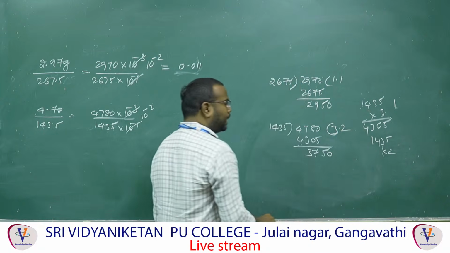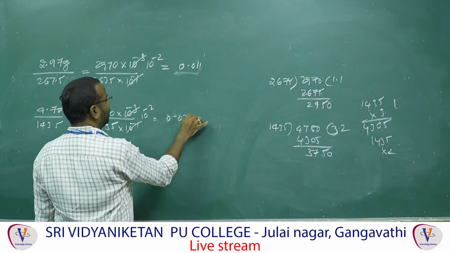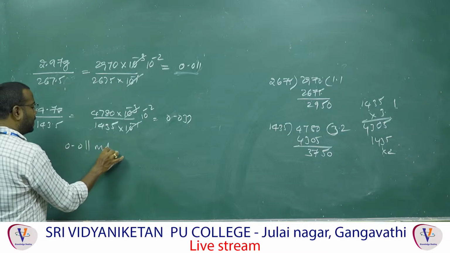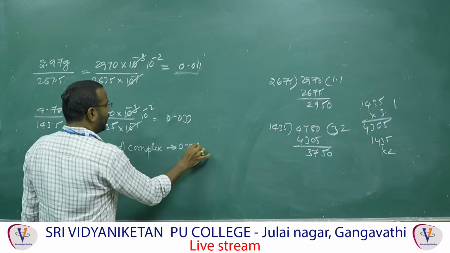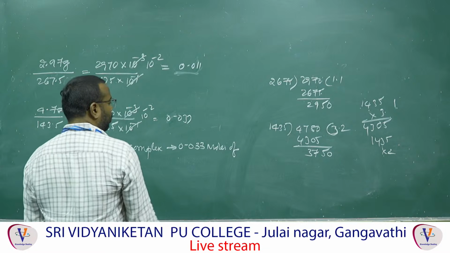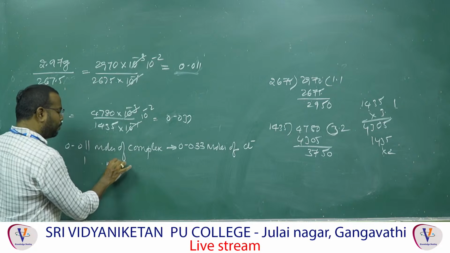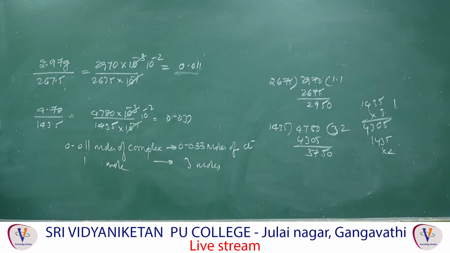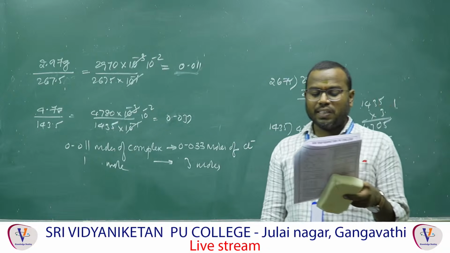So we get approximately 3.3 again, so 3.3 is 0.033. So we have 0.011 moles of the complex giving us 0.033 moles of chloride. But 1 mole will give 3 moles, which means the complex must have 3 chlorides outside. Therefore, option 1 is the correct answer.